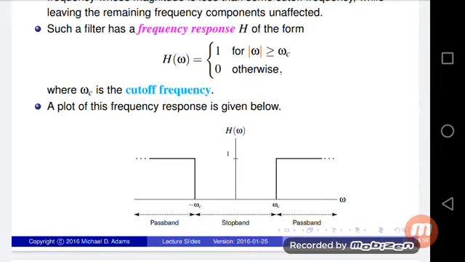That's why the signal propagates like this. Why? Because the condition of the function changes. H is 1 for mod omega greater than or equal to omega c, where omega c is the cutoff frequency.